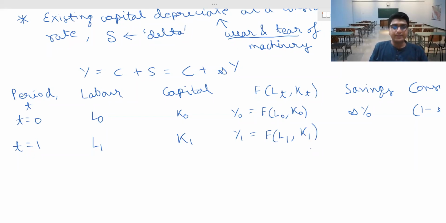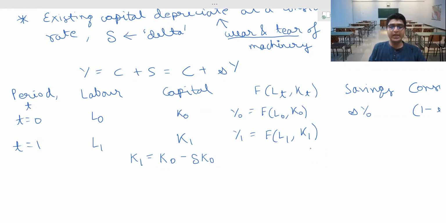What about K1? How will we get K1? K1 will be equal to the amount of capital that you already have, minus the amount of capital that gets depreciated. This is the amount of capital that we already have at the initial time.